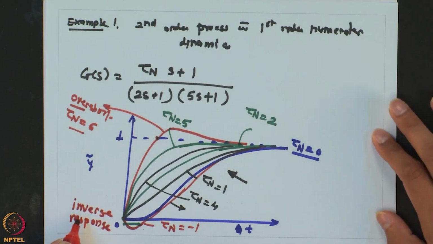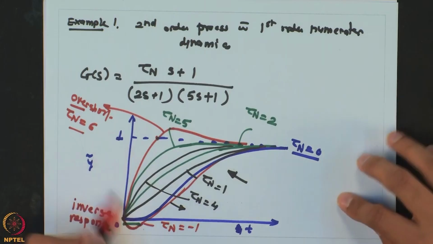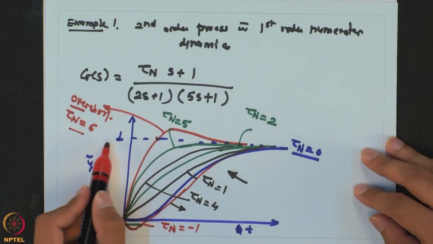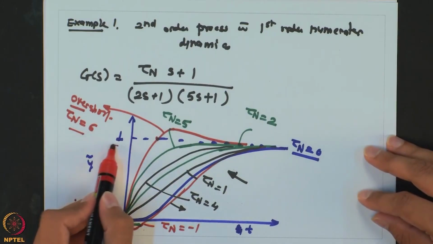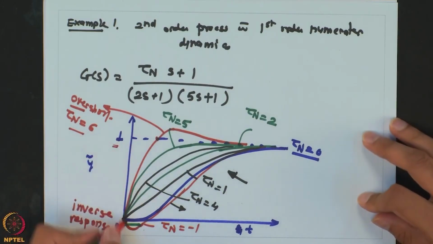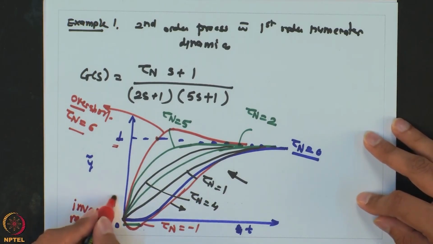The reason it is called an inverse response is because the final gain between input and output is positive. So, when my input changes by 1 unit, the output is also going to change by 1 unit. But initially, if you look, the increase in the input is causing a decrease in the output.